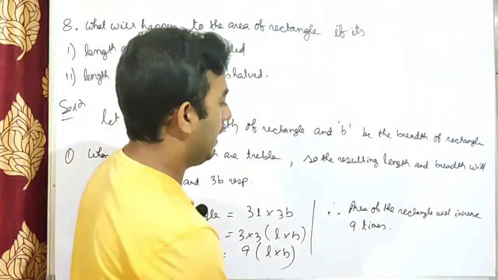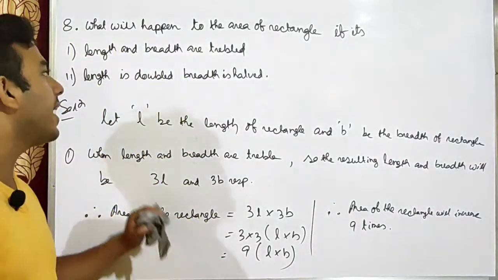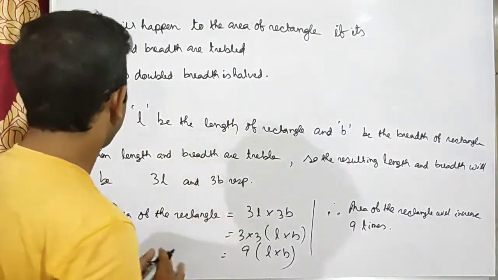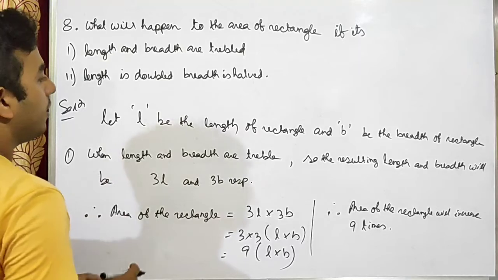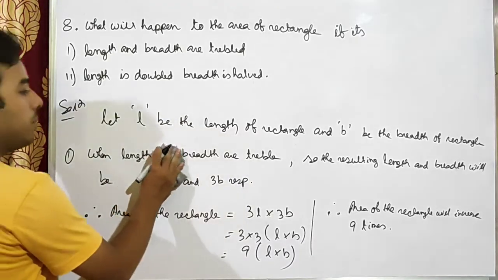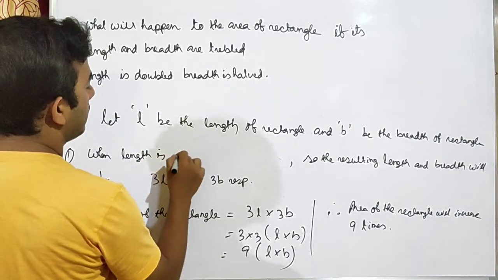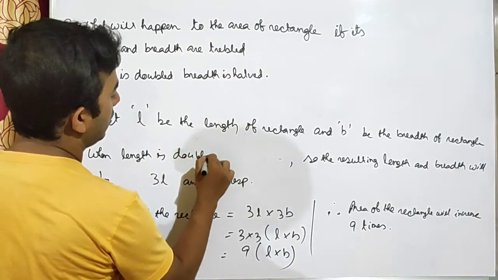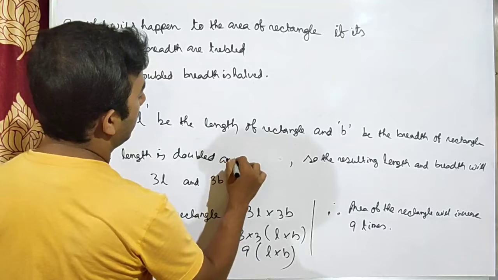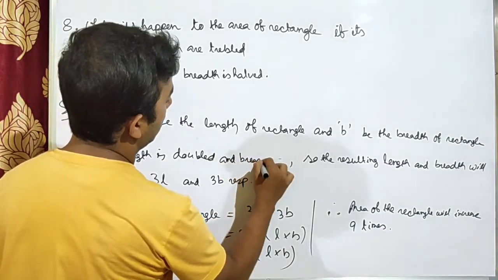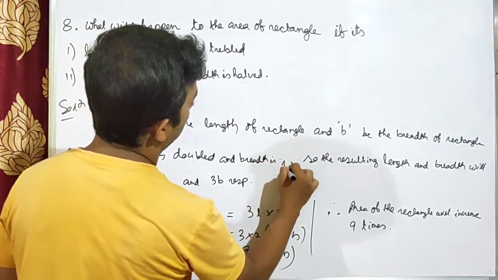So now let's come to the second one. Here the length is doubled and the breadth is halved. So we'll write, when length is doubled and breadth is halved. Doubled, D-O-U-B-L-E-D, and breadth, B-R-E-A-D-T-H, is halved.